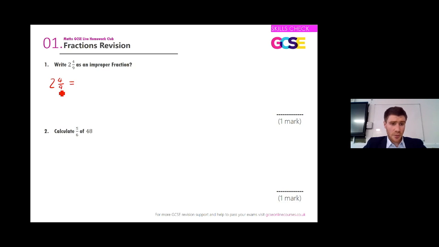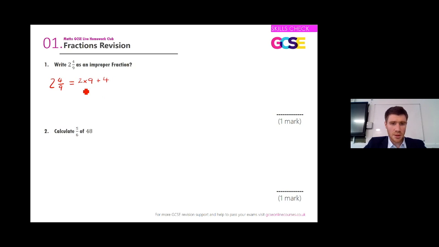Now, in order to convert 2 4/9 into an improper fraction, we need to multiply our whole number, which is 2, by our denominator, which is 9, and then we add our numerator to that. So we're going to do 2 times 9, and then we're going to add our numerator to that afterwards.